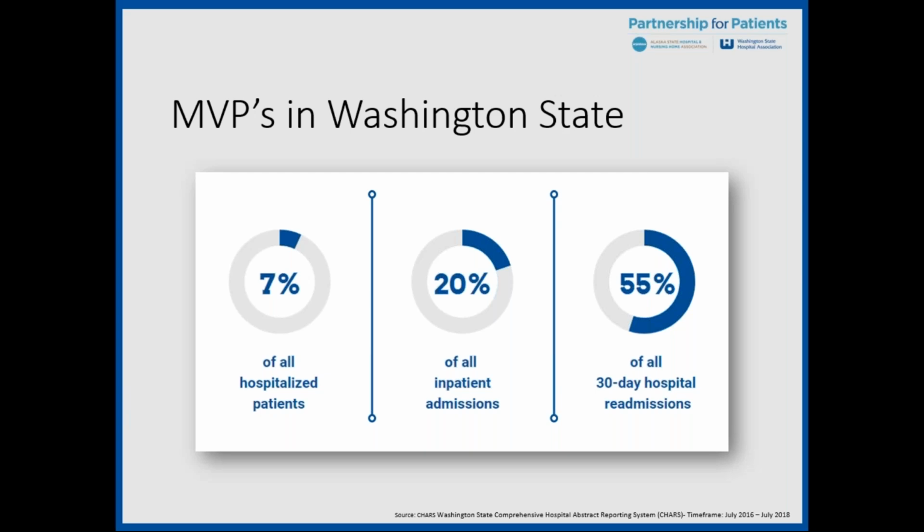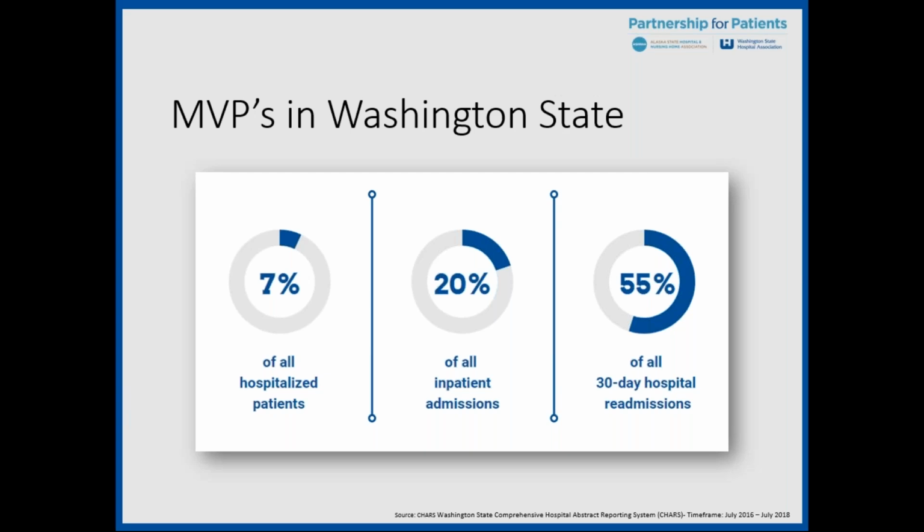So that's unique patients that are hospitalized in Washington State and meet this MVP criteria with the definition that we just shared. And they contribute to 20% of all inpatient admissions. So out of all admissions, 20% of them come from MVPs. You can see there's a disproportionate amount of unique patients compared to that higher distribution of actual admissions.